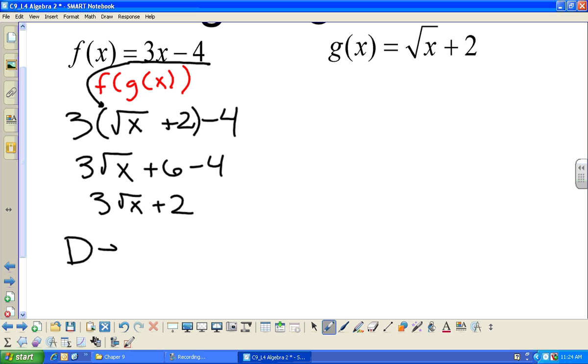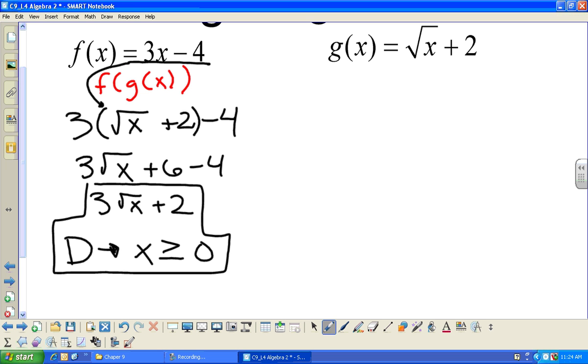Whenever x is with the square root, you can never take the square root of a negative number. So my domain here would be x has to be greater than or equal to 0, because you can take the square root of 0, but you can't take the square root of any negative number.